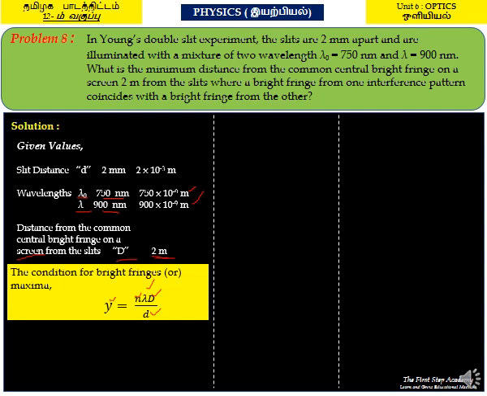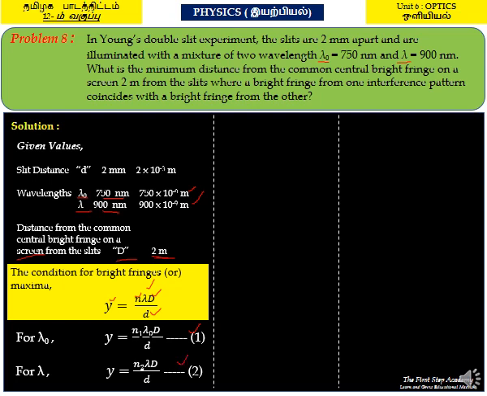Now this equation can be written for the two wavelengths lambda naught and lambda. For lambda naught, the equation becomes y is equal to n1 lambda naught capital D divided by small d, which I have taken as equation 1. For lambda, y is equal to n2 lambda capital D divided by d, which I have taken as equation 2.